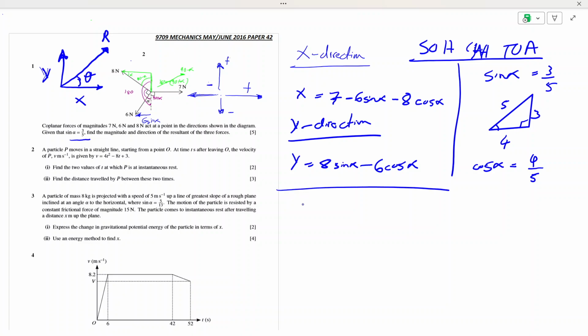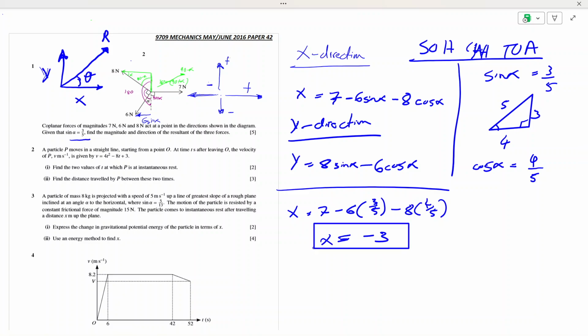So x is equal to 7 minus 6 times 3 over 5 minus 8 times 4 over 5. Then this is going to give me an x of negative 3, right? That's the x value that I'm going to get.